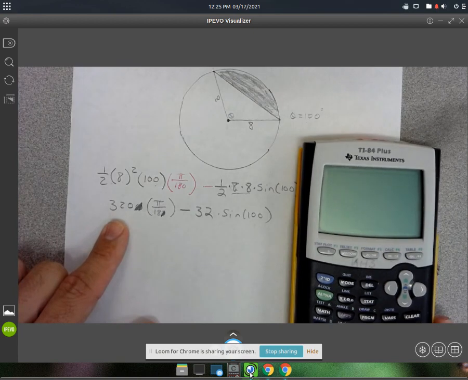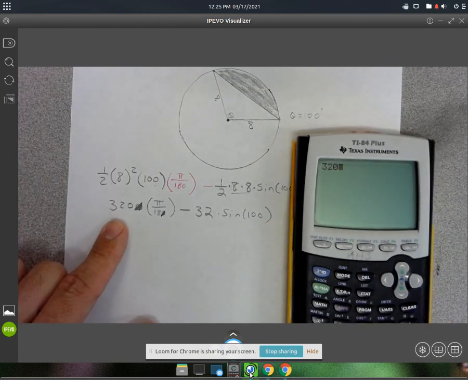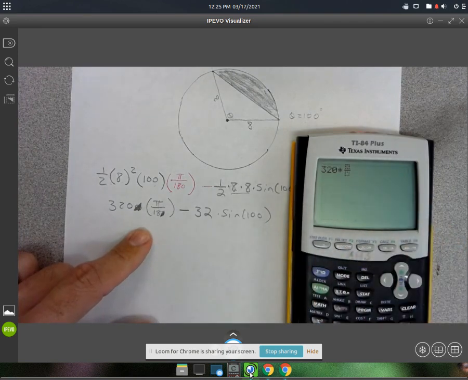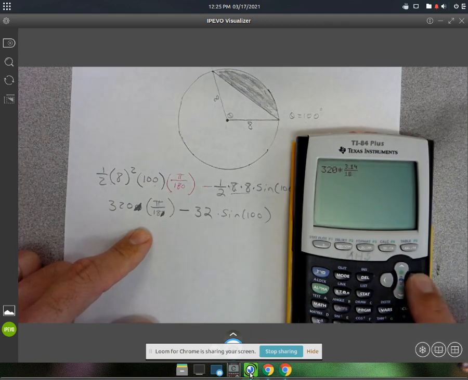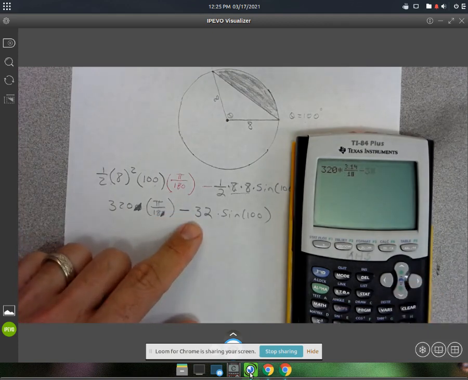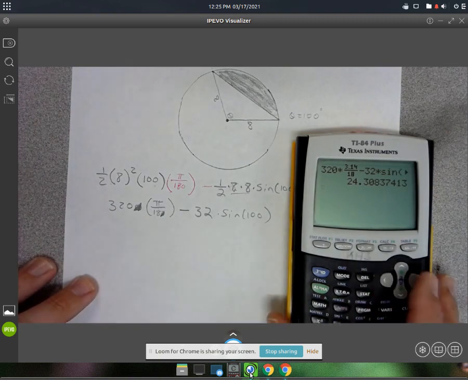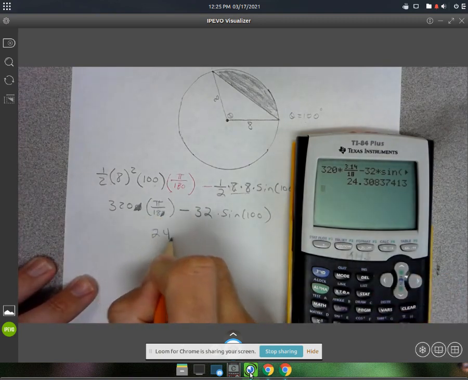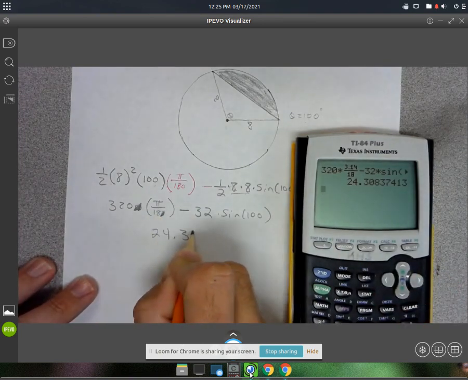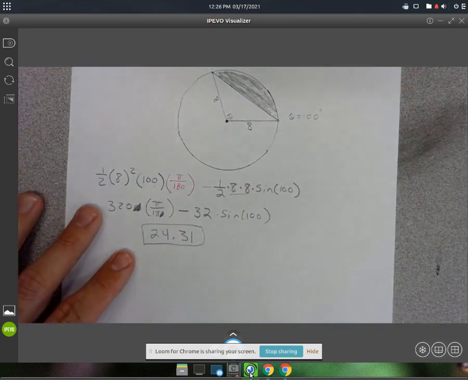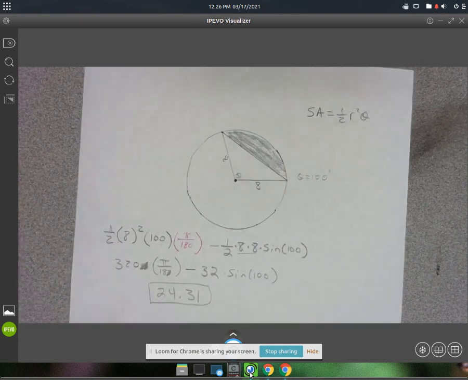So I'm going to have 320 times pi over 18, so 3.14 over 18, and then minus 32 times the sine of 100. All right, so that's my answer. My area would be 24.31 square units, I guess, if I were rounding it to 2 decimal places. So it's not too bad.